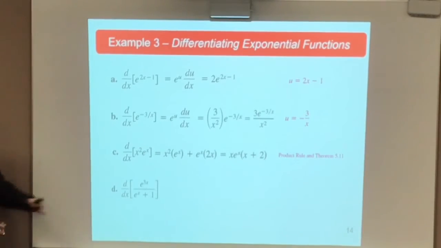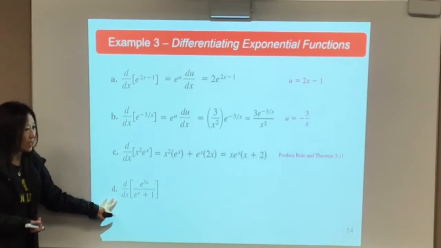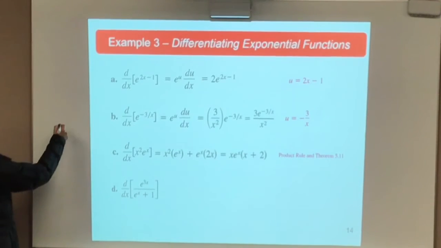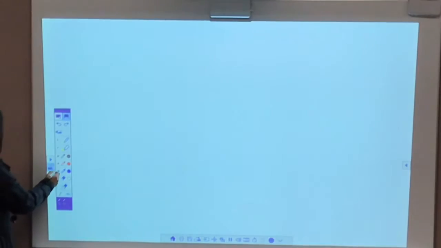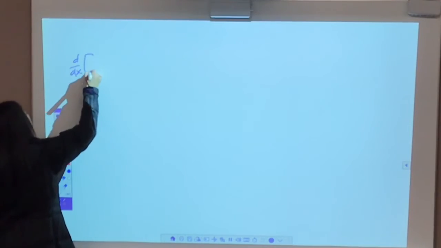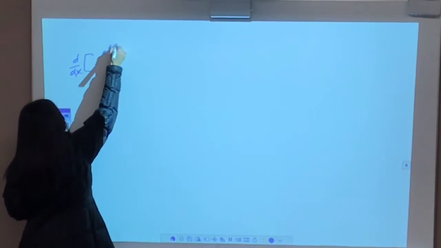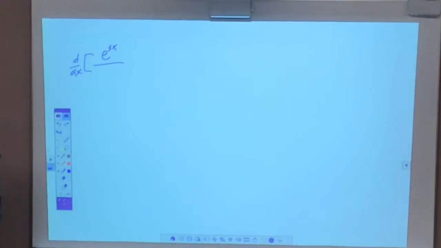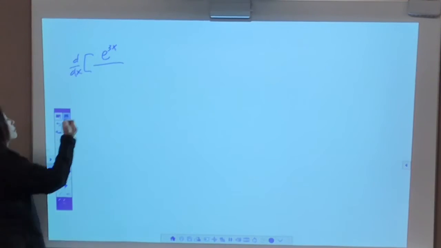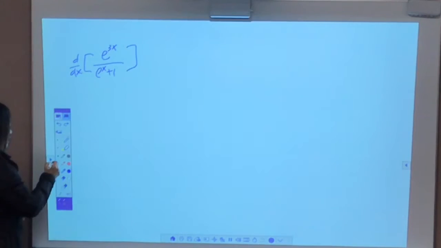All right, next one, we're going to do the quotient rule. How about we do this problem on a blank page, okay? So we've got a little more room. Okay.